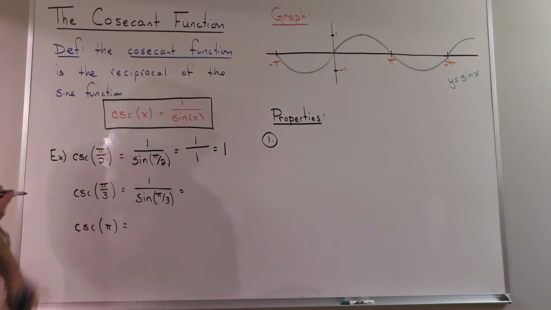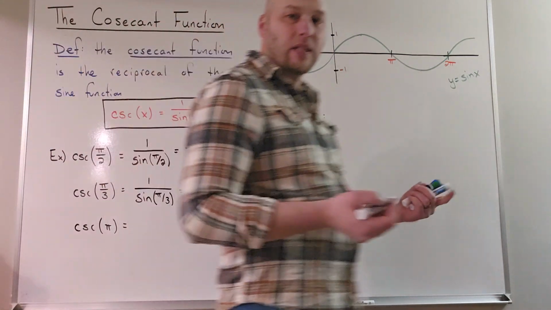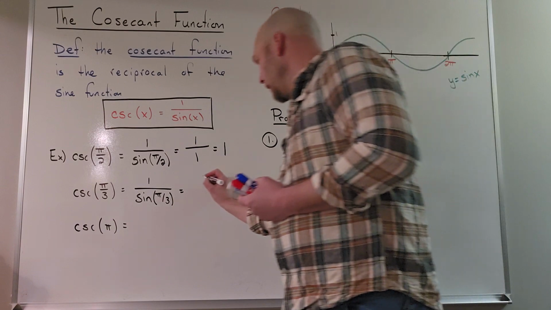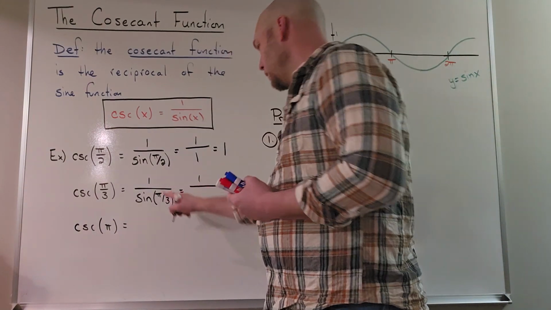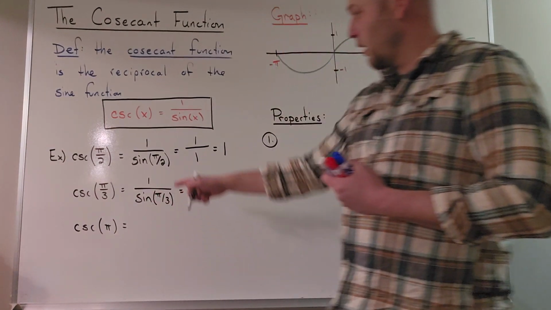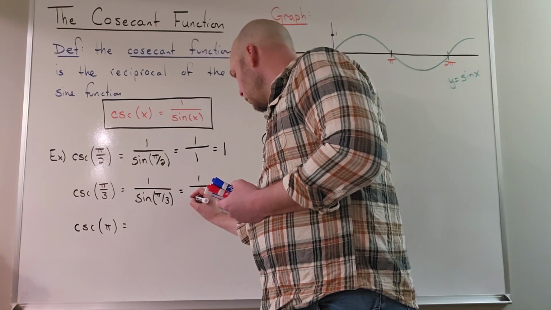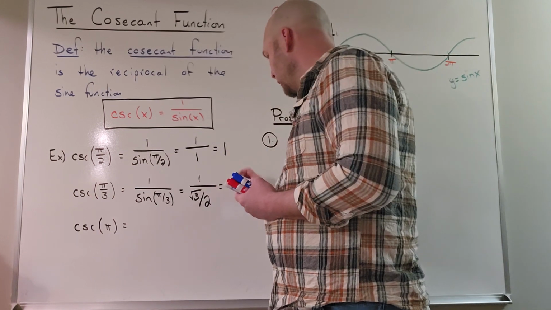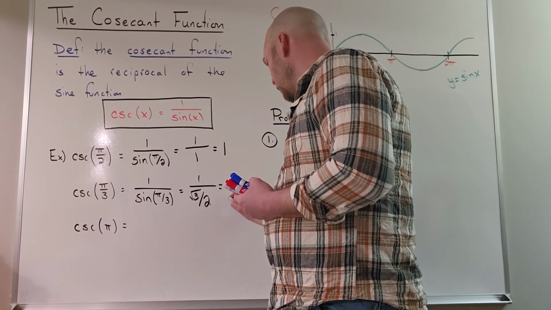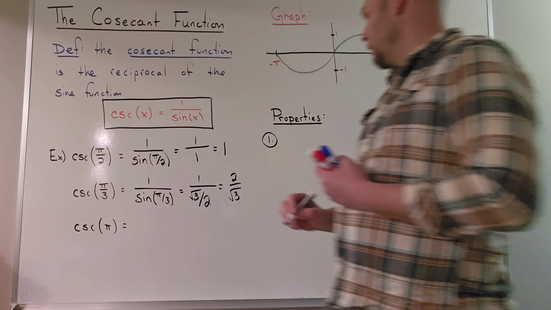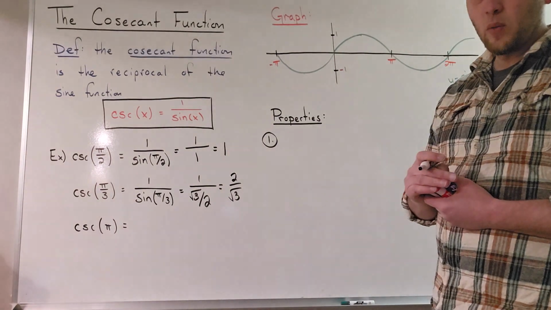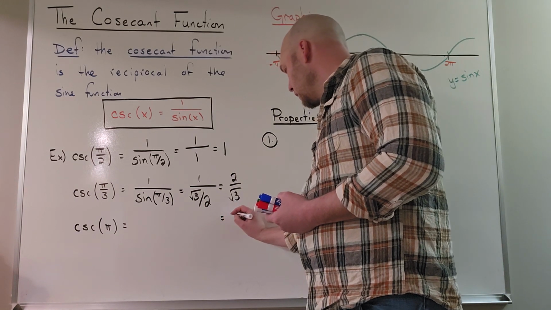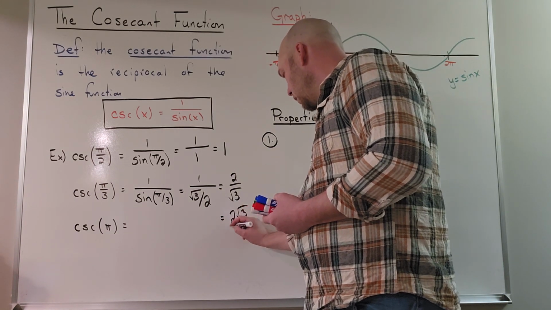This is not a quadrantal angle, so it might not be as easy to memorize, but it is one of the common angles that you will encounter, and the cosecant's the reciprocal of, so sine pi over 3 is root 3 over 2, which simplifies to 2 over root 3. And that's traditionally written where we rationalize the denominator, giving 2 root 3 over 3.